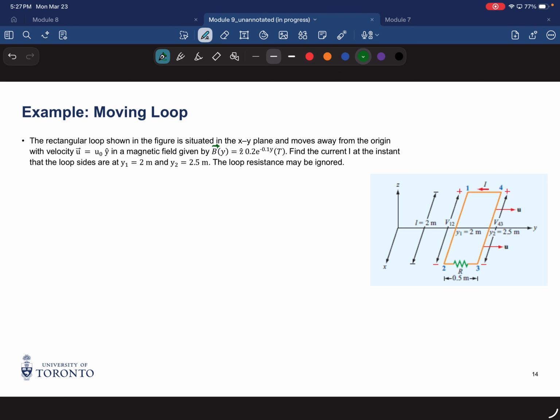So if at the origin this is B in the z hat direction, when we get to here, it's going to be a little bit less, and here a little bit more less, because it's an exponential of negative 0.1 y. So exponentially, the amplitude of B would reduce with y.